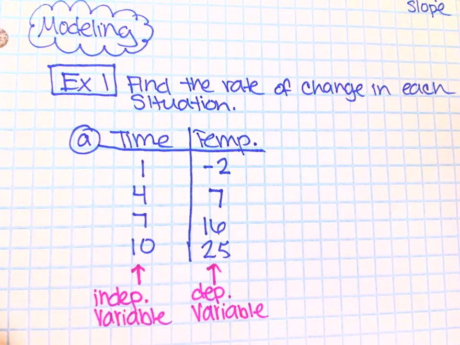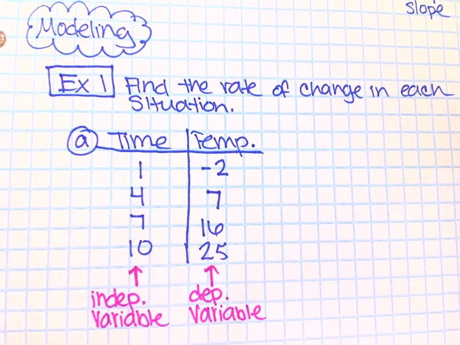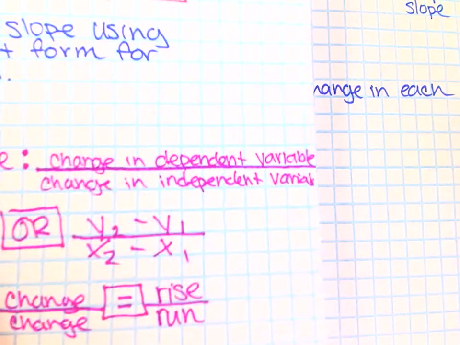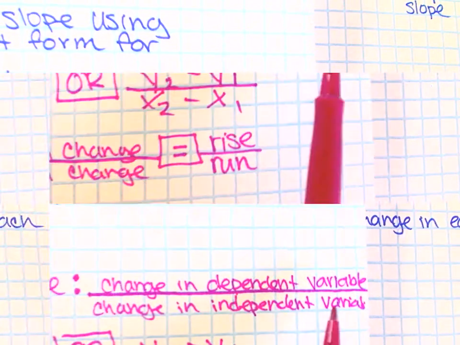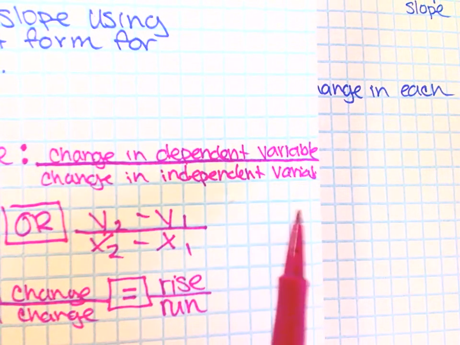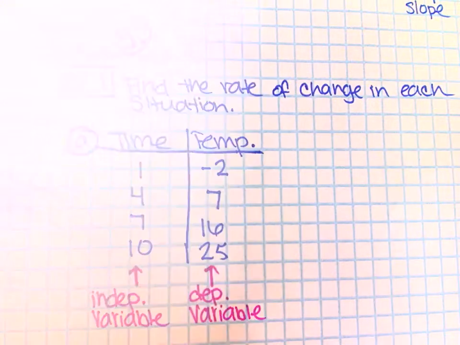So they want us to find the rate of change in this table. So when I find the rate of change, if you go back to your notes, I want to find the change in the dependent variable first, and then the change in the independent variable.